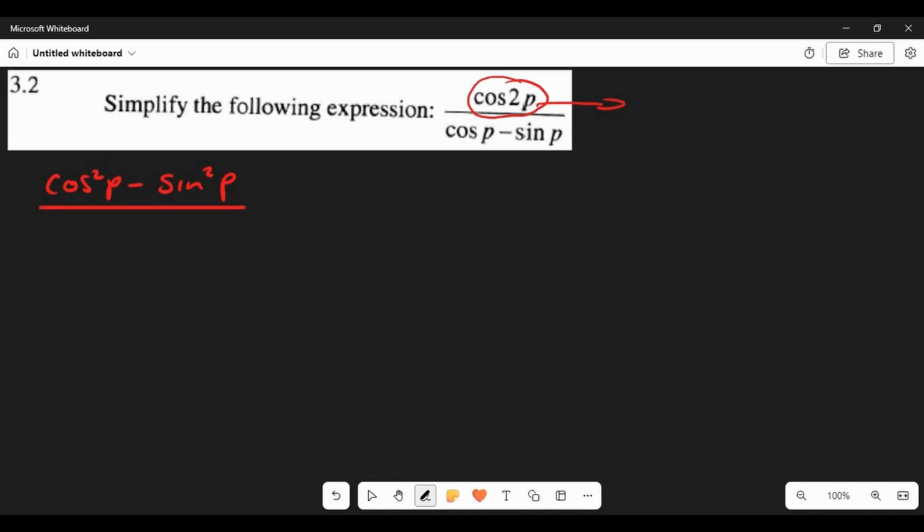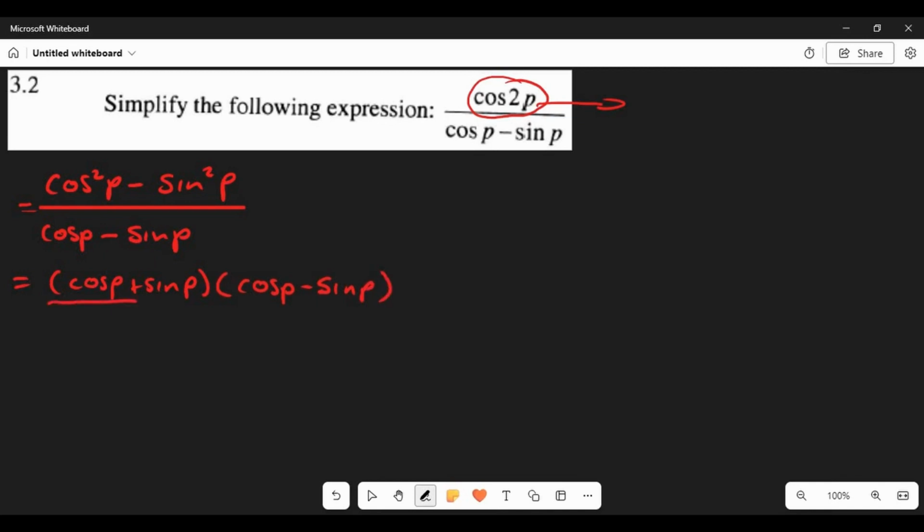Alright, so we continue, we write our cos p minus sine p. Right, now as you can see, the one on the numerator here, guys, is the difference of two squares. So what you can do here, you can say cos p plus sine p multiplied by cos p minus sine p.